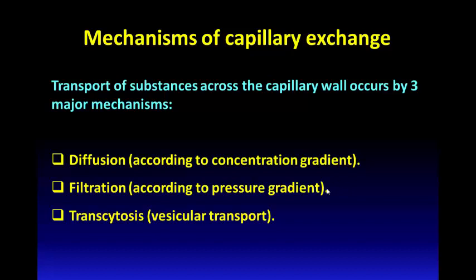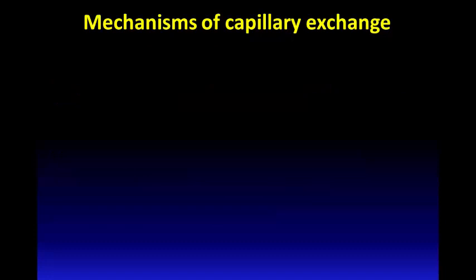These are diffusion according to the concentration gradient, filtration according to pressure gradient, and transcytosis, which involves vesicle formation and hence is also known as vesicular transport. We shall now describe these three mechanisms in more detail.